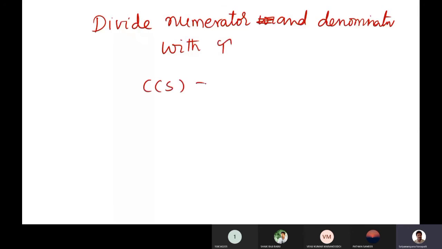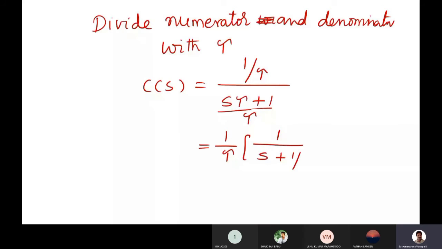So C of S is equal to 1 by tau divided by S tau plus 1 divided by tau, which is equal to 1 by tau into 1 by S plus 1 by tau. Here A is equal to 1 by tau. Now apply the inverse Laplace transform on both sides.